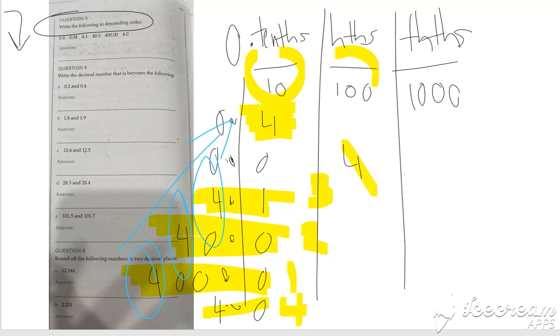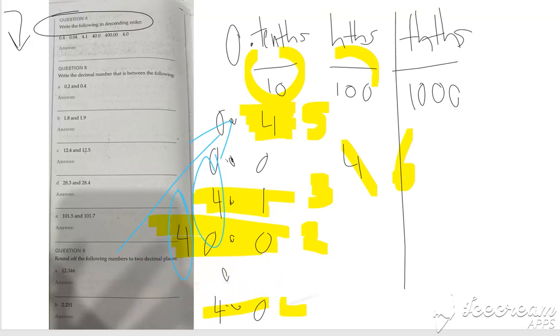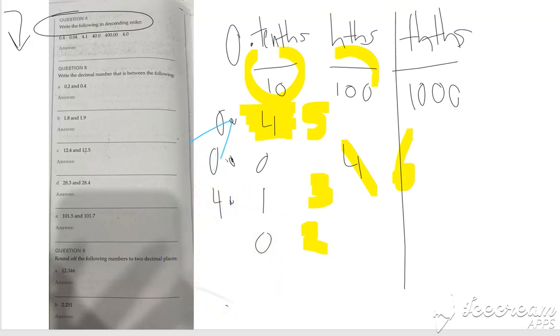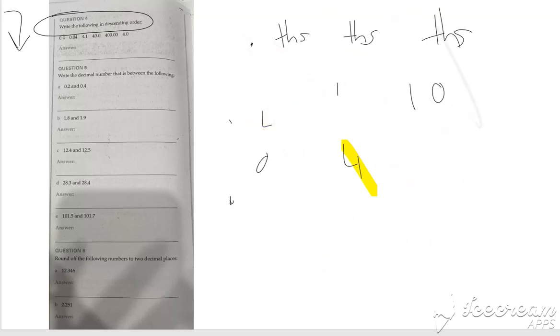And then this one. So this would be 5 and this would be 6. So when you're ordering your decimals, it's just really important to think of them in terms of what they actually mean. And they mean that they are chopped into groups of 10, 100 or 1,000. Okay, so that's for question 4.